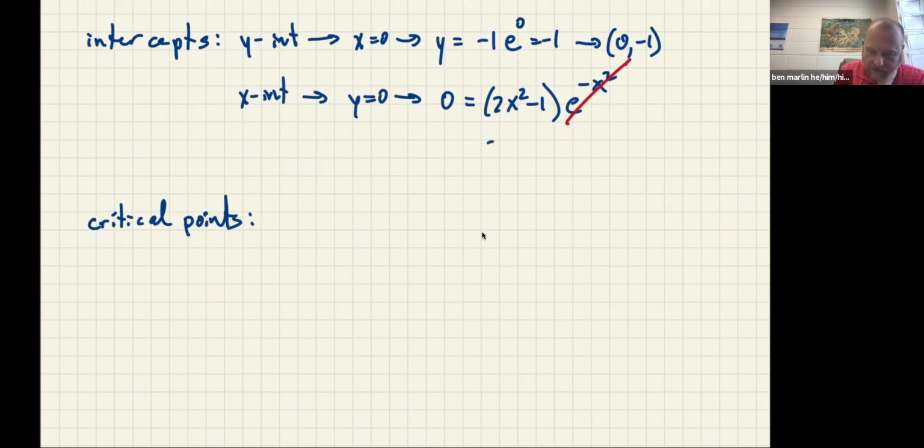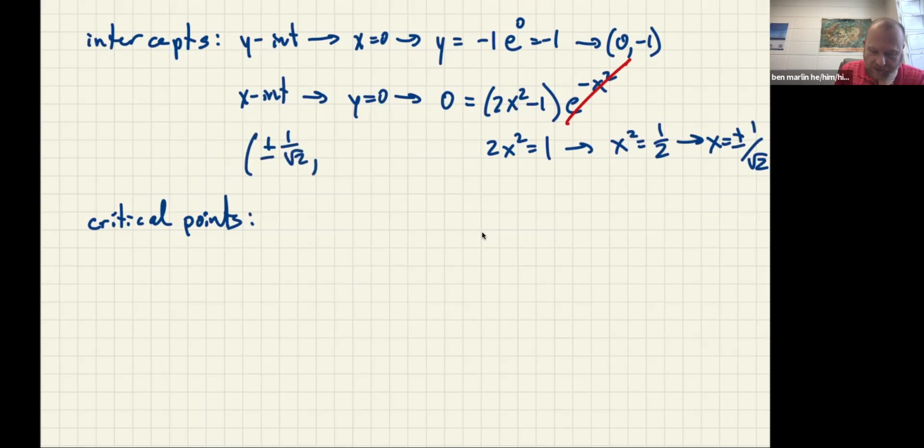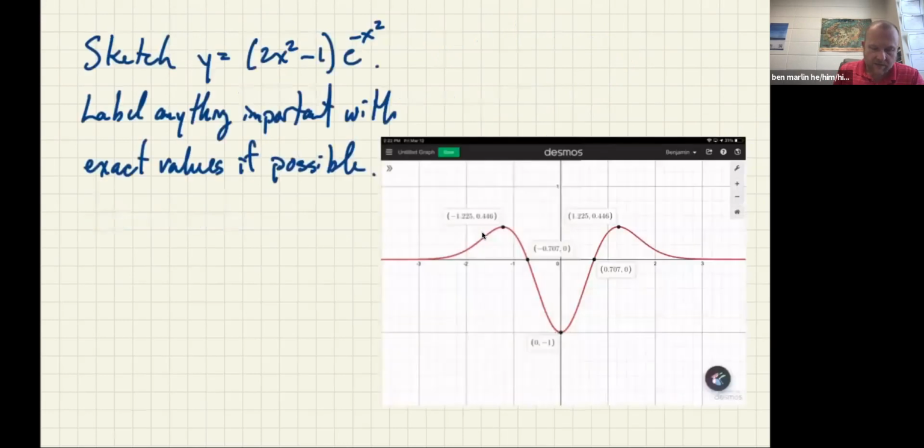That says 2x squared needs to be 1, which says x squared needs to be 1/2, which says x needs to be plus or minus 1 over root 2. So the points are plus or minus 1 over root 2, comma, 0. Okay? And if we look back here, if you were to whip out a calculator, that 1 over root 2 is about 0.707.